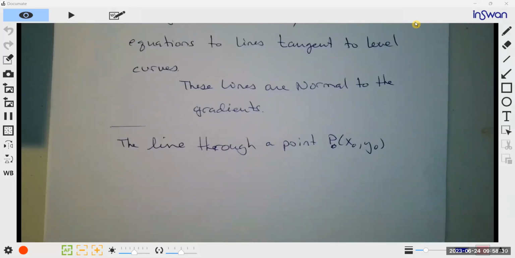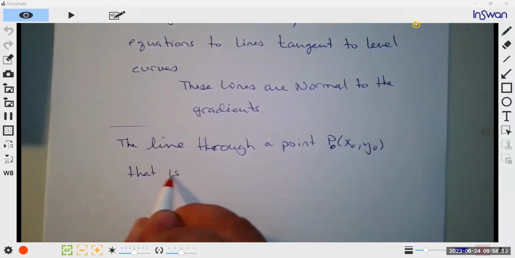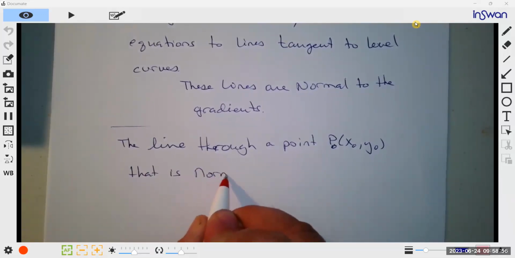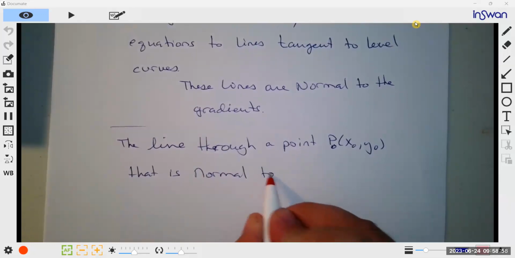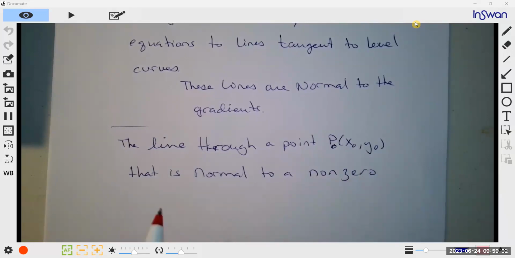It can be any point because if it's differentiable, it's smooth. It means derivatives exist everywhere. So the line through a point has to be continuous, has to be connected, and is normal to a non-zero vector.